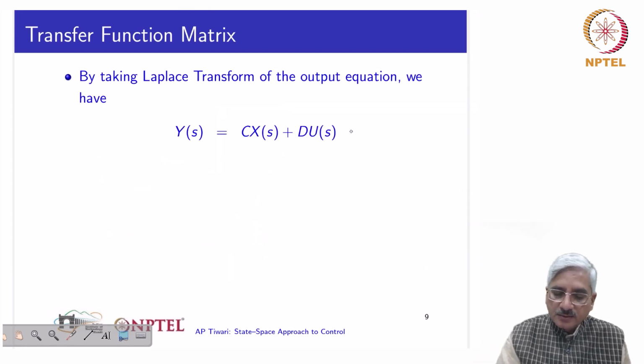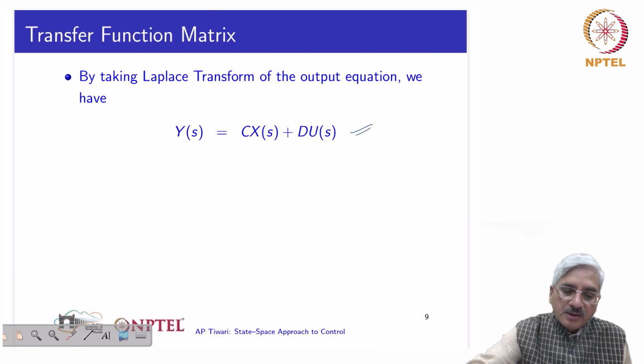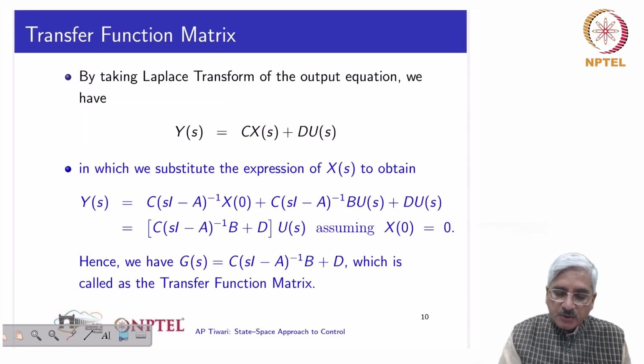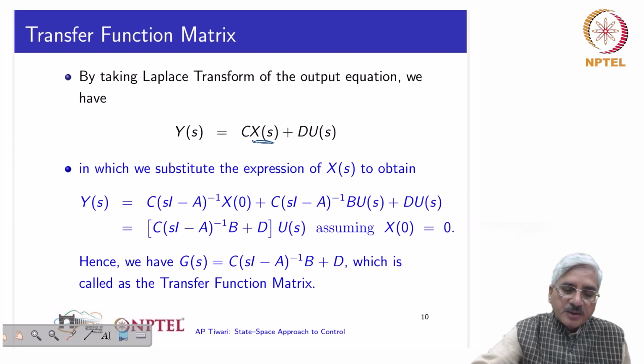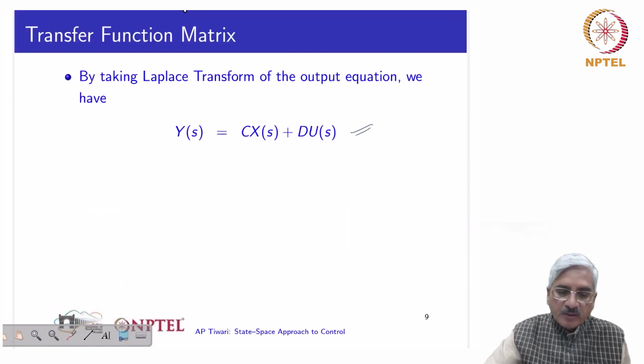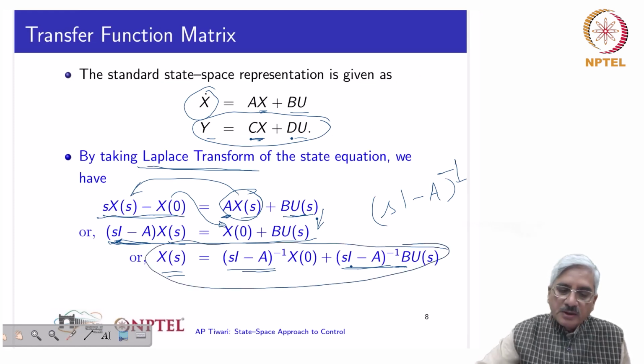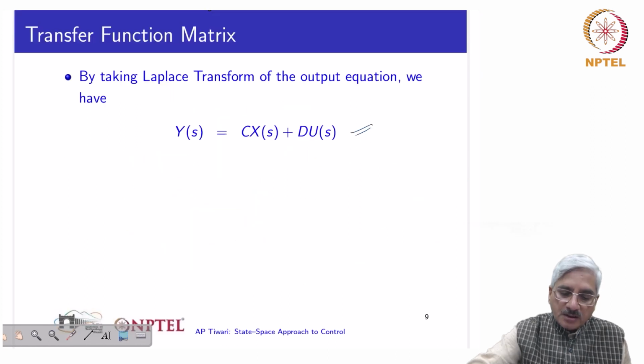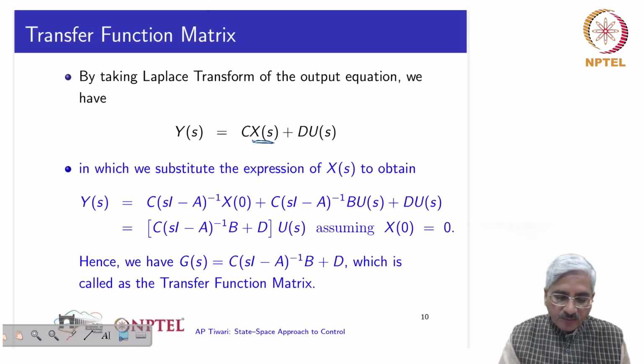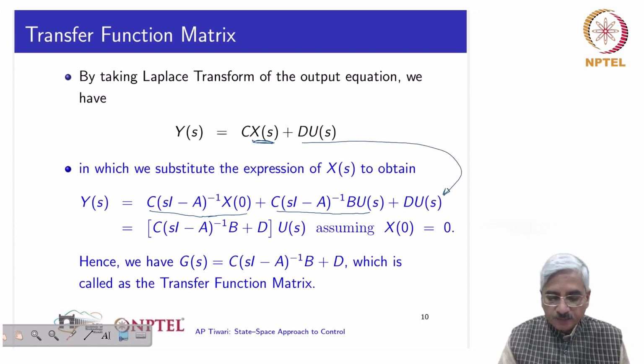Now we substitute in place of X(s) the expression derived earlier, and it yields Y(s) equal to C(sI minus A) inverse x0 plus C(sI minus A) inverse BU(s) plus DU(s), which comes as it is.